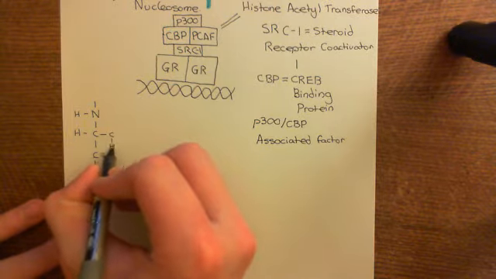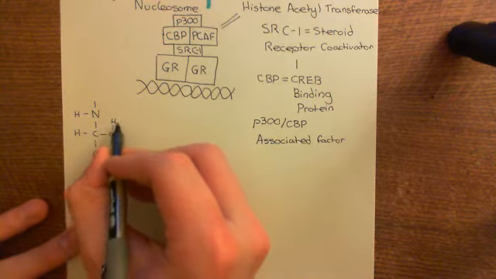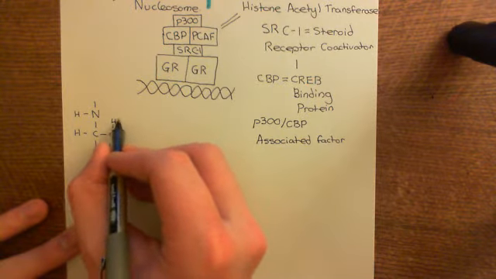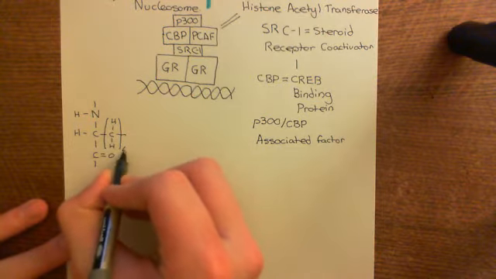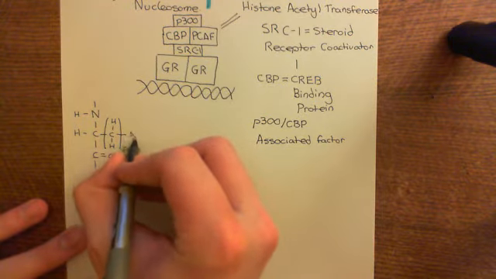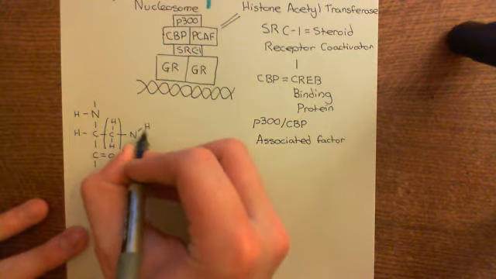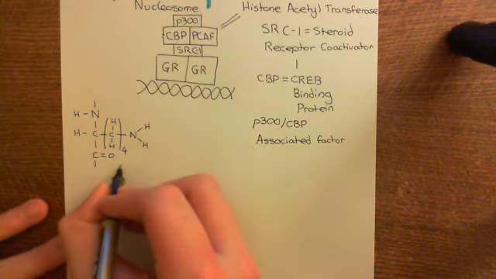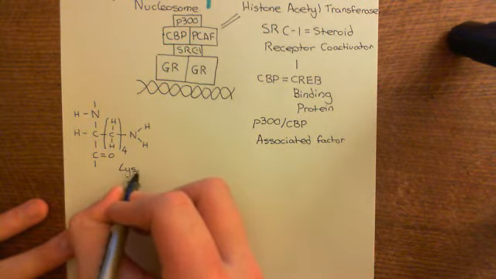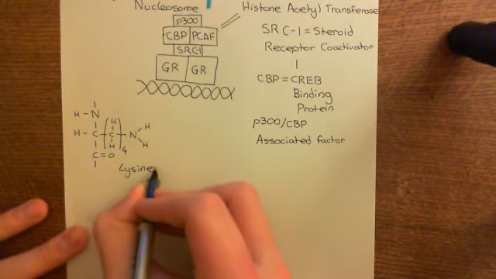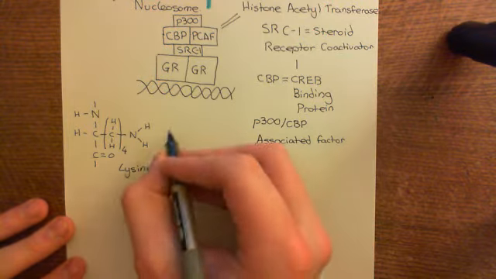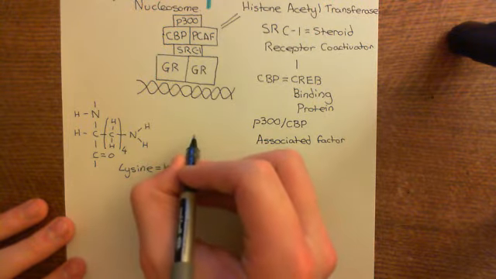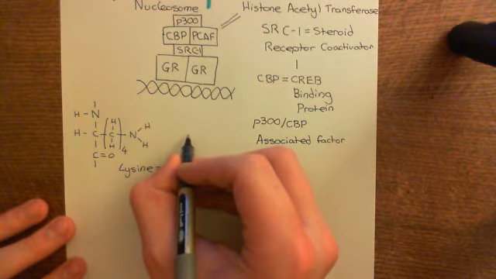Now the R group of lysine is 4 methylene groups, and because I'm lazy I might just draw 1 methylene group, put brackets around it, and then stick a 4 down there. And then on the end of that you have an amino group. So this is the normal structure of a lysine amino acid residue, and the single letter amino acid code for lysine is K.